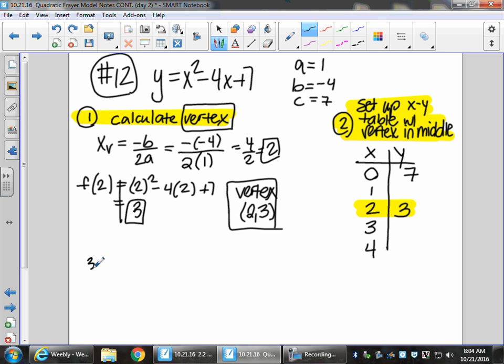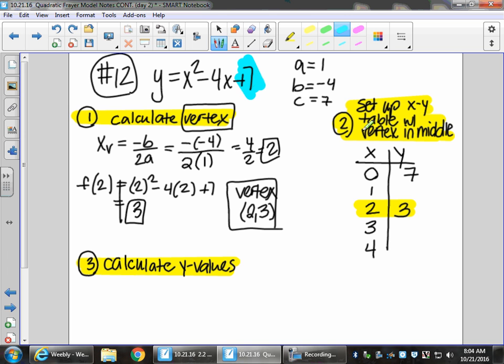So step 3, calculate y values. Sometimes it's not always going to be the case that 0 is in your table. But, come on. If you have it, use it. So where they're getting that from is the c value is 7. That's how I know.